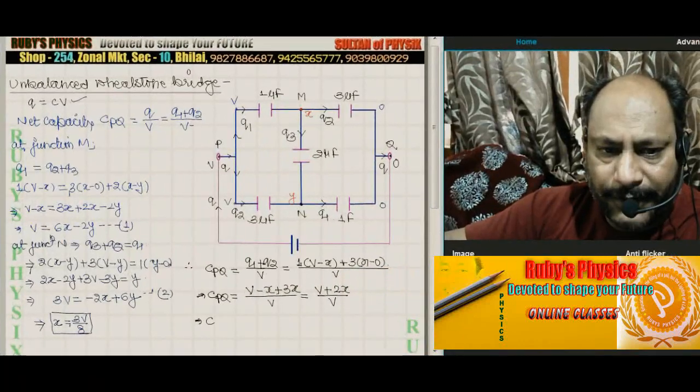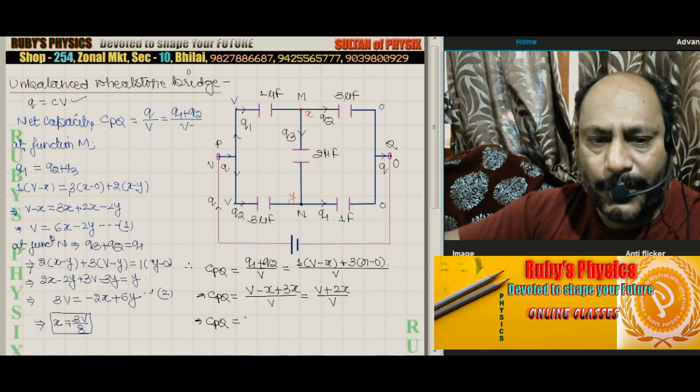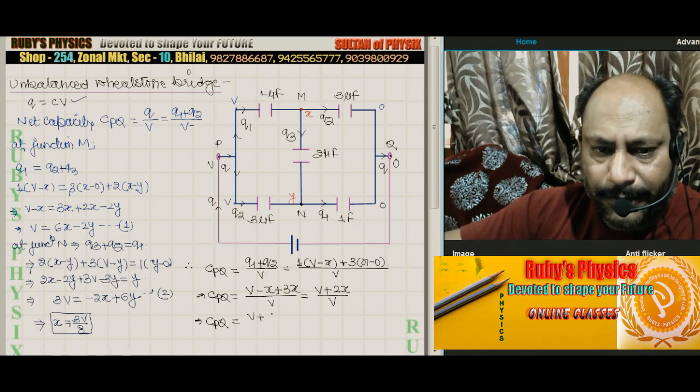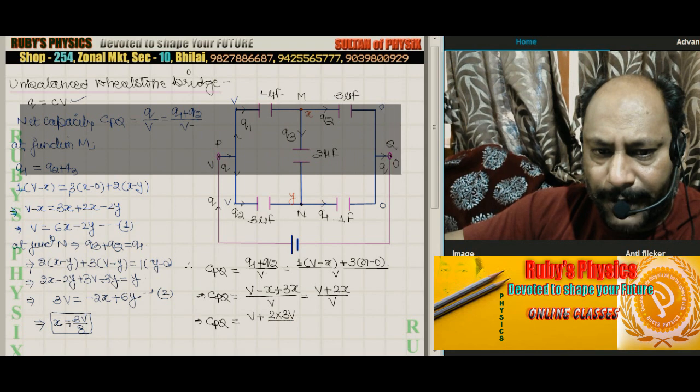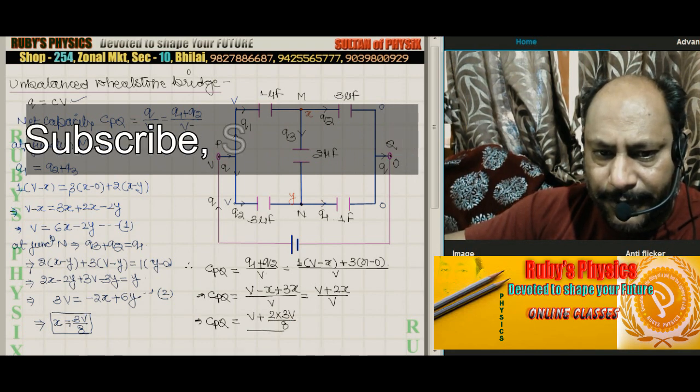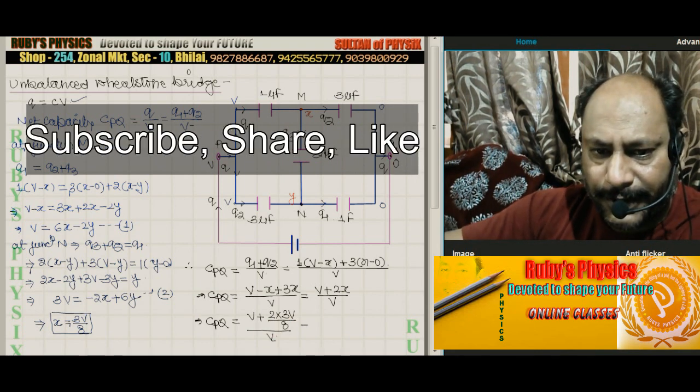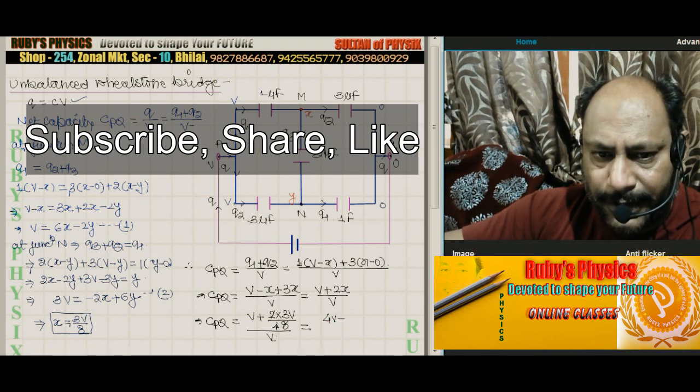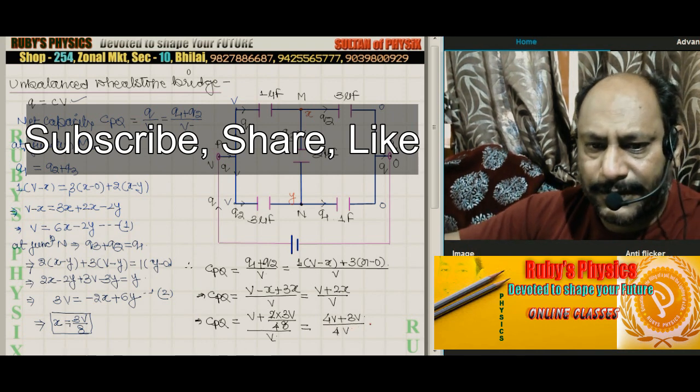So C_PQ will be equal to V plus 2 times 3V by 8, divided by V. So you can cancel, it is 4 times, 4 will go up, it is 4V plus 3V upon 4, which comes downward.